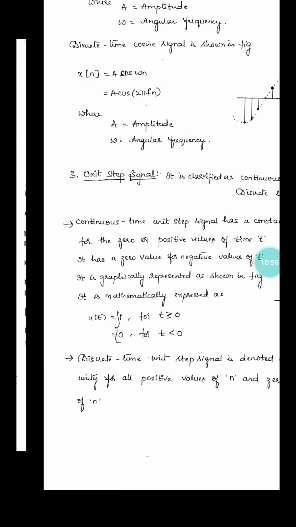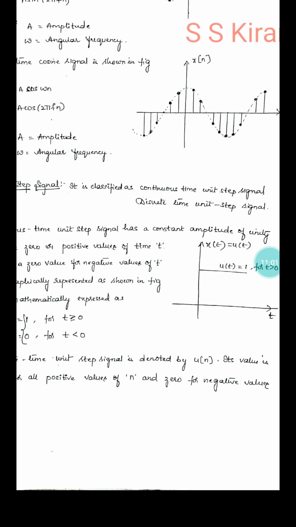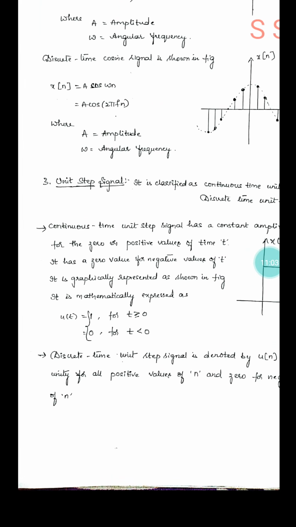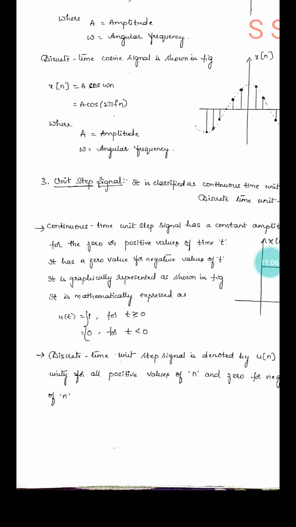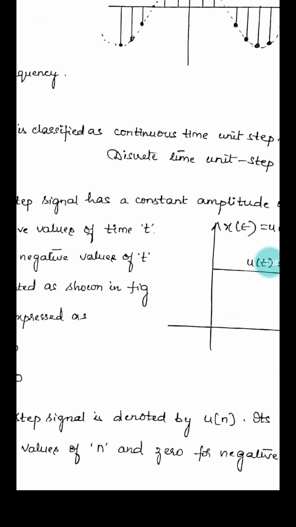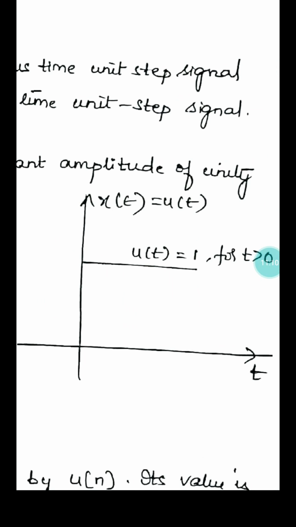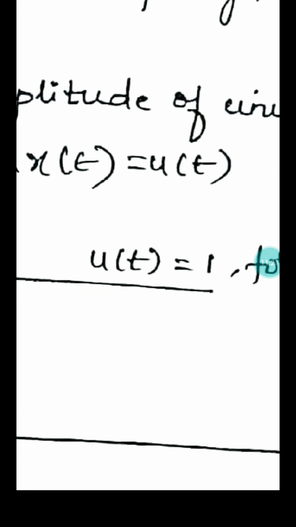It has a constant amplitude of unity for zero or positive values of time t. On the x-axis, t from 0 to some positive value gives the answer 1. So that is called u of t equal to 1.